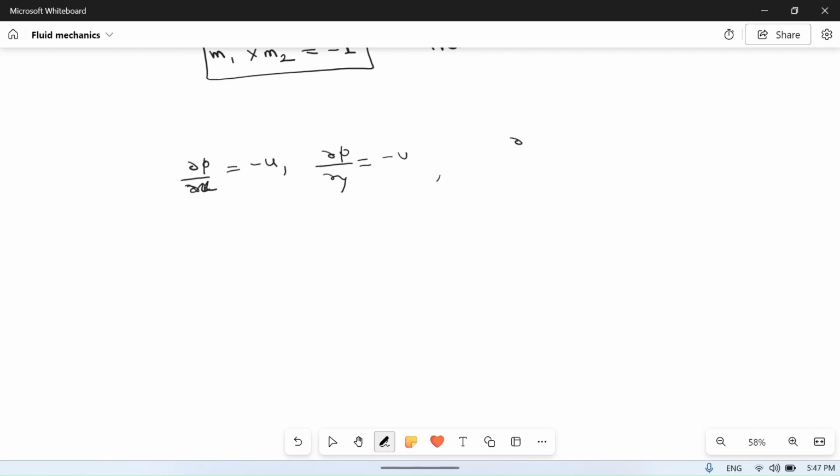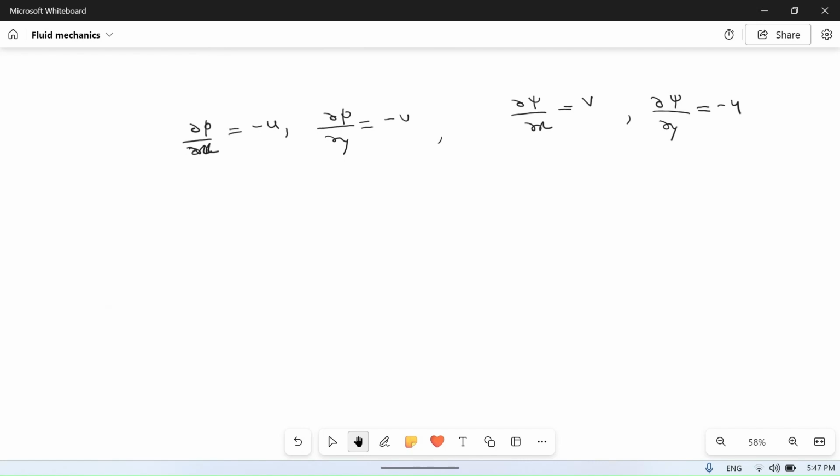Similarly for stream function, del psi upon del x was v, and del psi upon del y was minus u. Okay, so from here you can see that minus u, it is minus u, those two are equal. It means del phi upon del x is equal to del psi upon del y is equal to minus u.